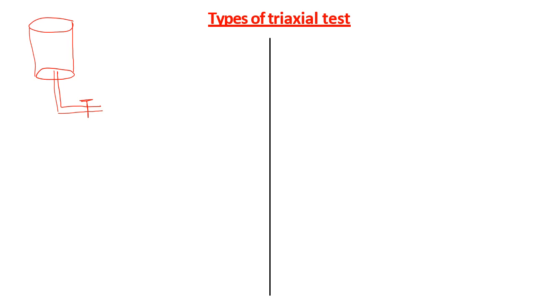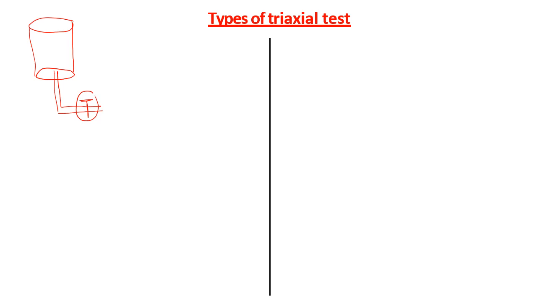So you are totally free to allow the water to move out of the sample by opening this valve, and you are free to close the valve, and therefore prevent the water from moving out of the sample.